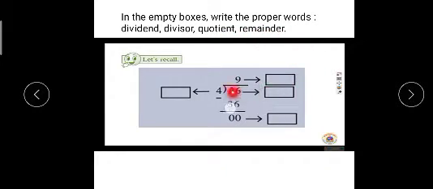Okay, so first tell me, when we divide 36 by 4, which is the dividend, which is the divisor, which is the quotient and which is the remainder?